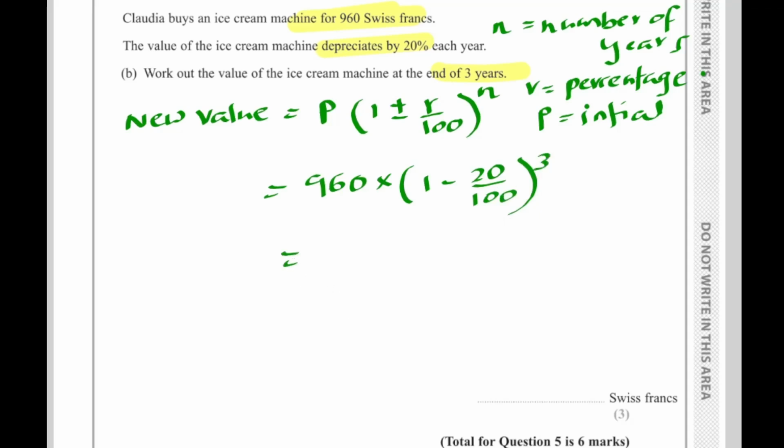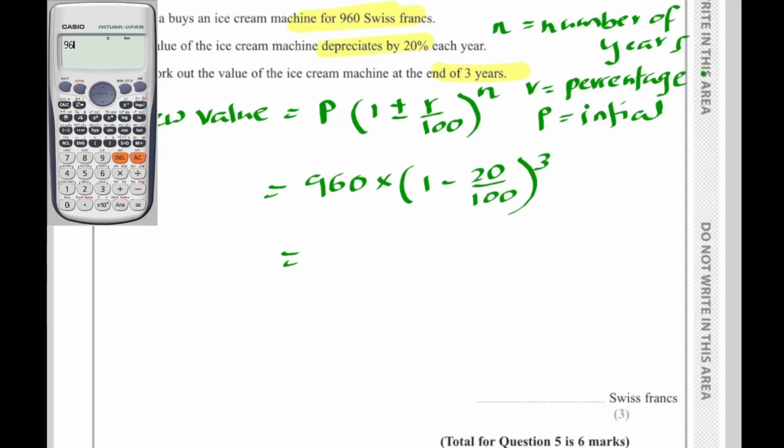Again, use the calculator. 960 into brackets 1 minus 20 over 100 raised to the power of 3 equals 491.52.